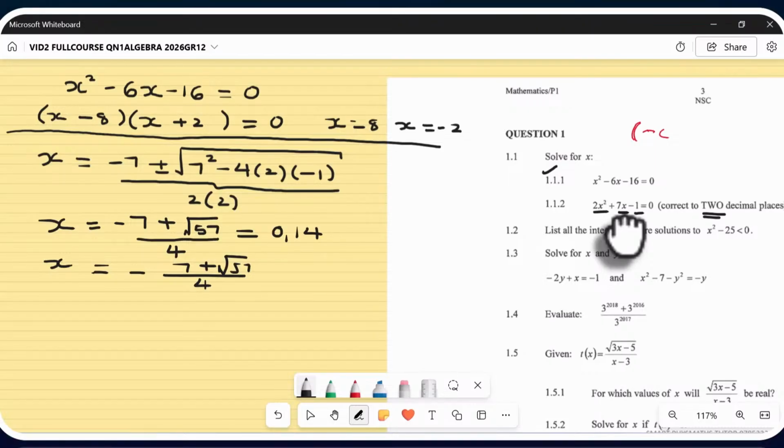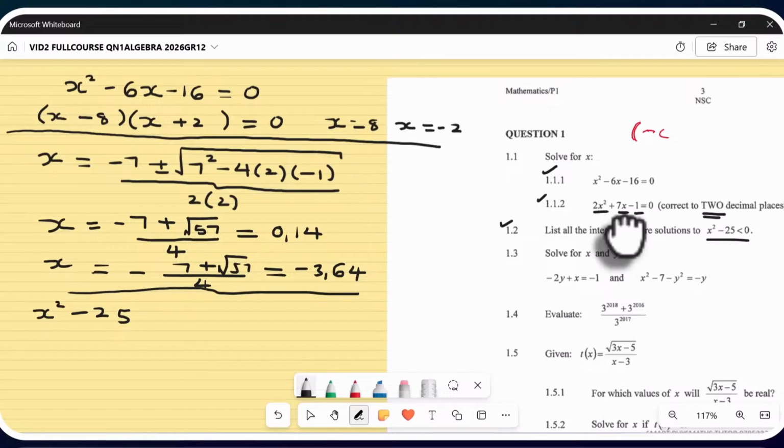That is 1.2. List all the integers that are solutions to this inequality: x squared minus 25 is less than 0. Let's list the integers. So this is x squared minus 5 squared is less than 0.